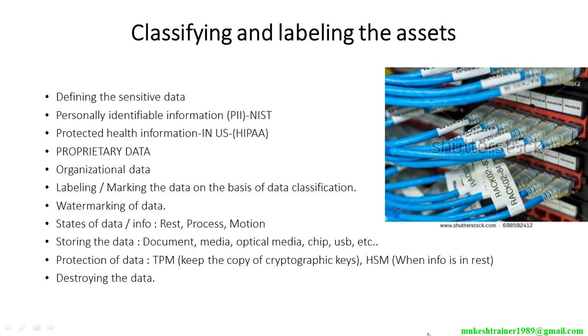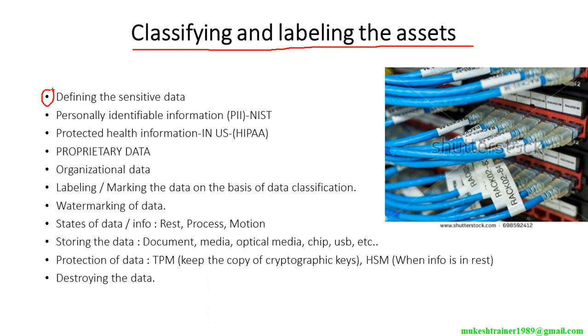Let's start here. The first thing is classifying and labeling the assets. It's very important. You need to classify your assets and label them. Classification can be done on the basis of the importance, the purpose or the use of it, or how sensitive your devices or data are.